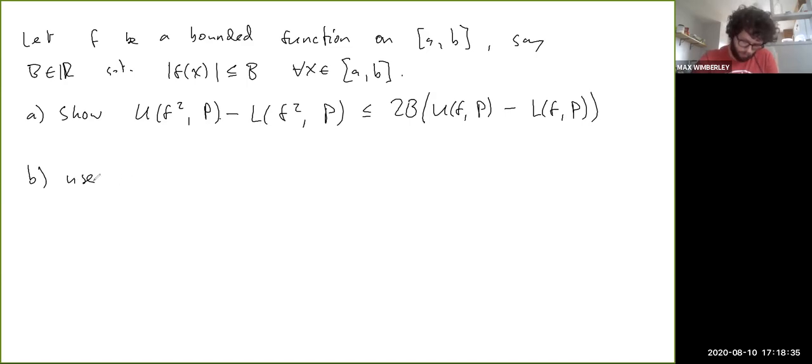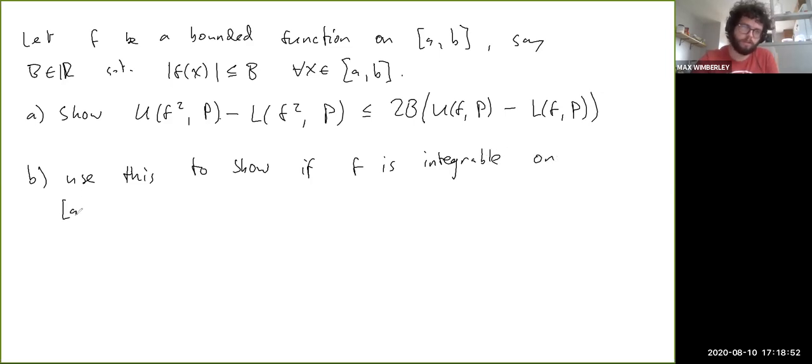Use this to show if f is integrable on [a, b], then f squared is also integrable on [a, b].